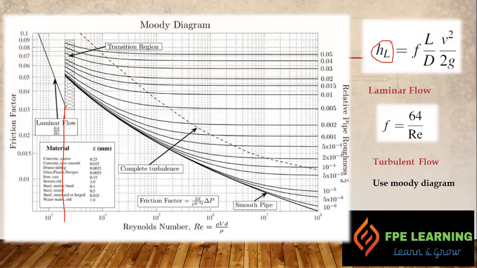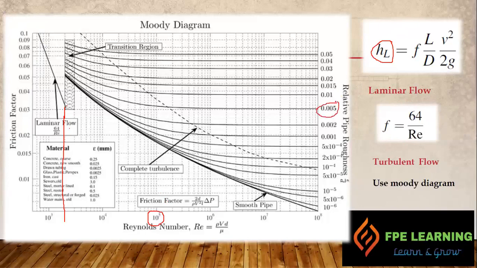But for the frictional factor, we have to use this diagram to get the exact value. Let's say, for example, we calculated that the Reynolds number equals 10 to the power 5, and we have a relative pipe roughness of 0.005.